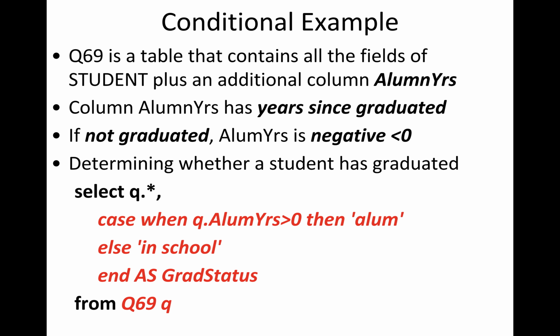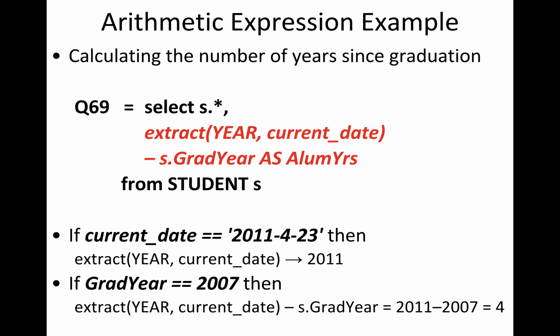Conditional examples here. We can take these two ideas from the previous query, where we calculated all the alums. This one tells me all the students, plus how many years they have been an alumni, and we store that in query 69.